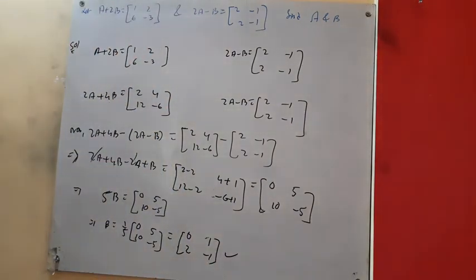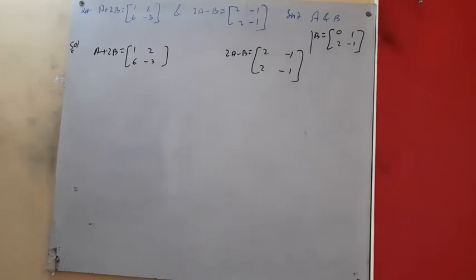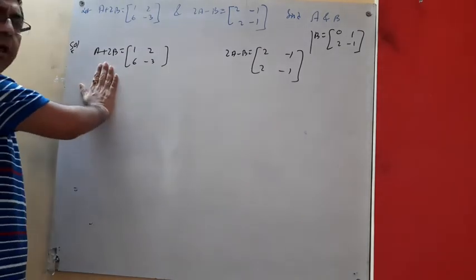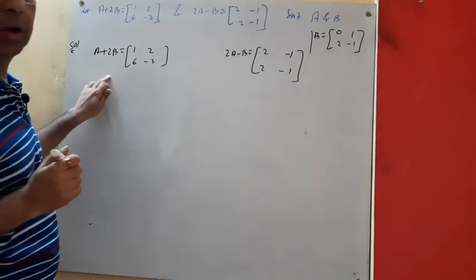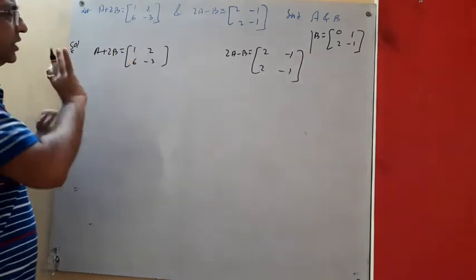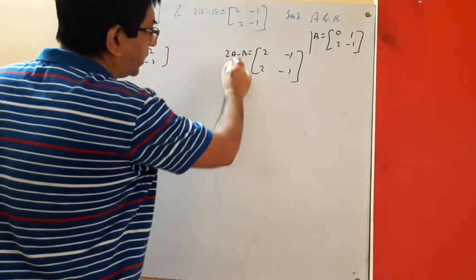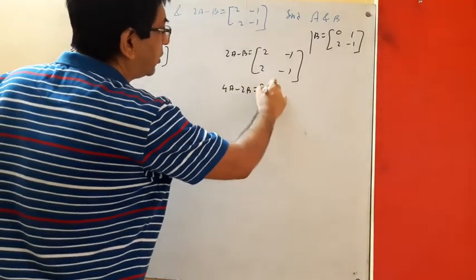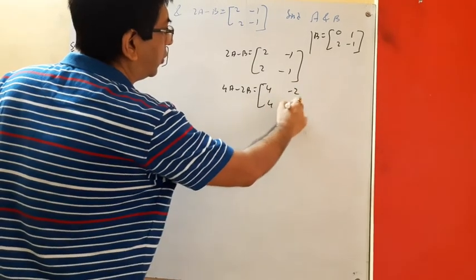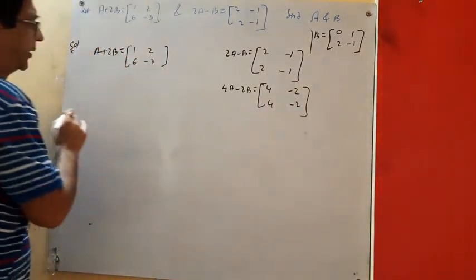Now we will find the value of A. For finding the value of A, we can put the value of B here, otherwise we will cancel B, and then we'll get the value of A. Multiplying these two by 2, that is 4A minus 2B equal to 4, minus 2, 4, minus 2, right?